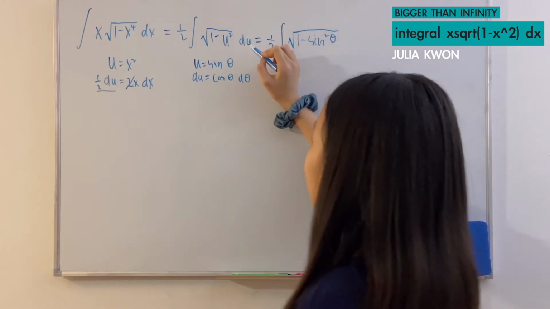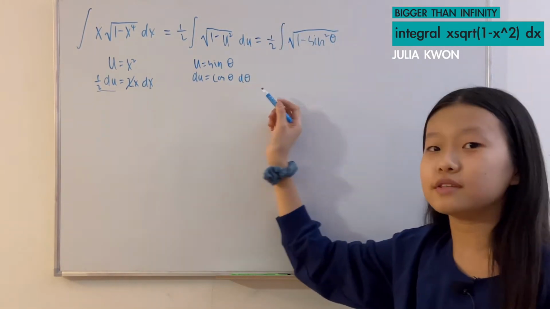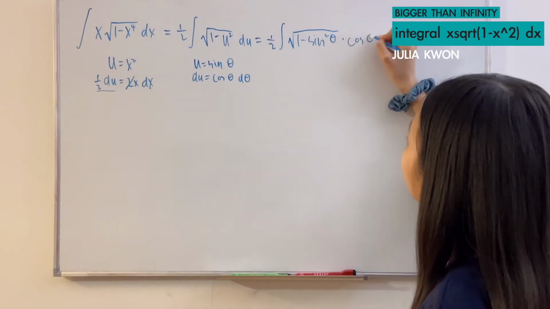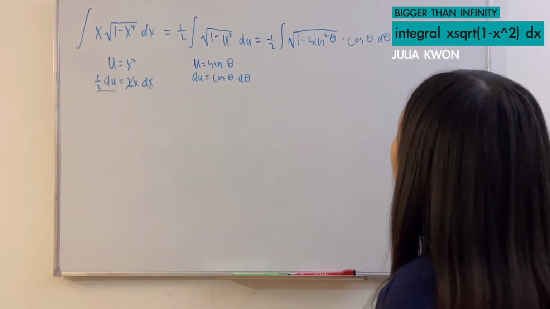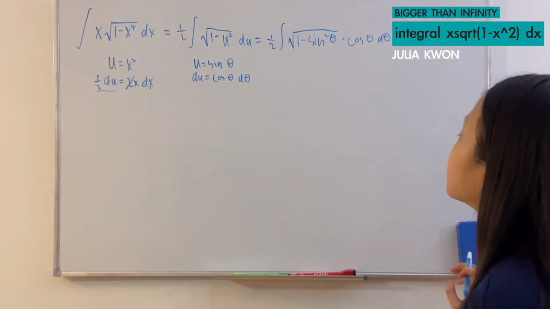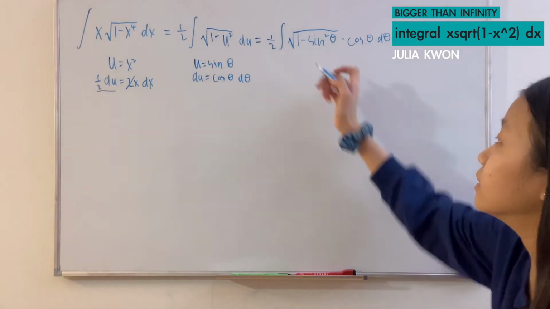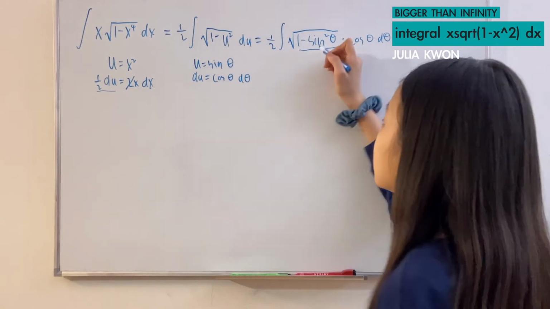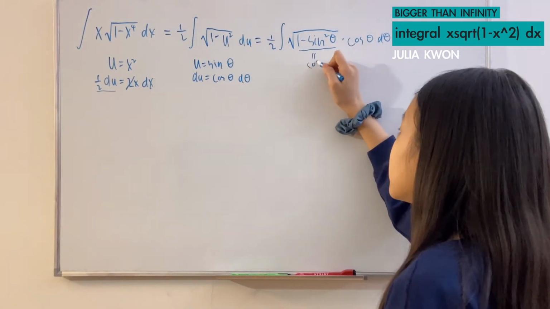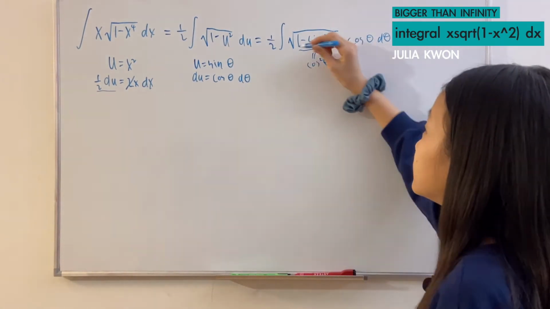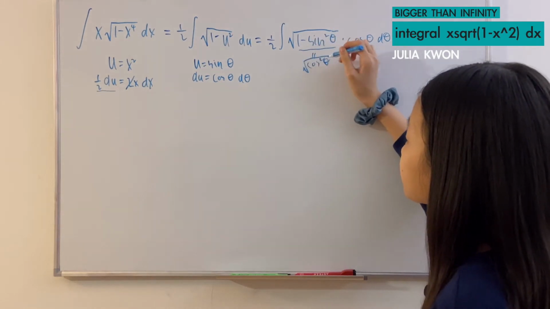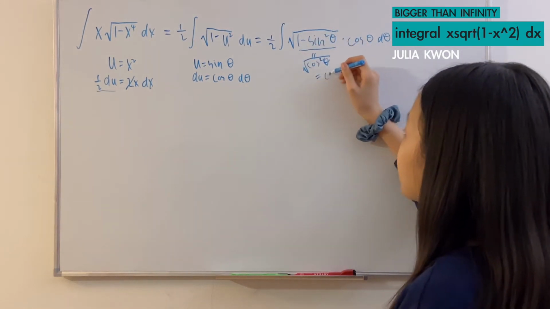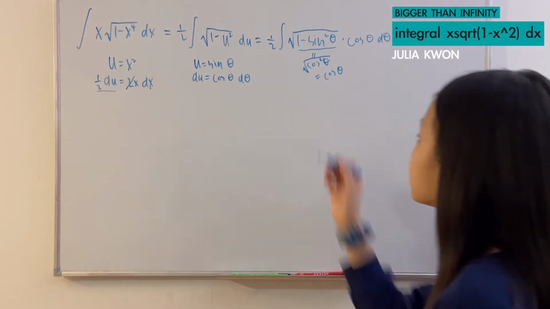Also replace the du with cosine theta times d theta. This is a trigonometric identity, and note that 1 minus sine squared theta is equal to cosine squared theta. But since we have the square root, we'll have just cosine theta.